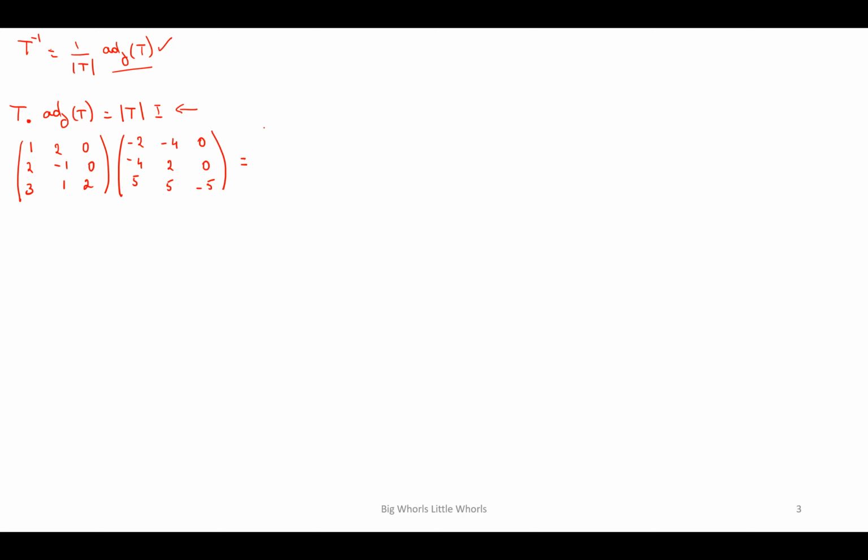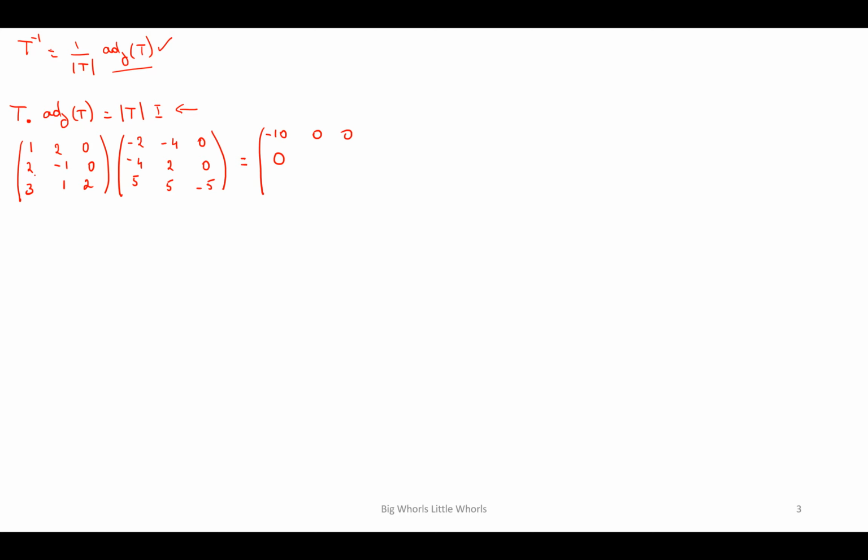Which is equal to, here we have minus 2 minus 8, which is minus 10. And here, minus 4 plus 4 is equal to 0. Here as well we have 0. In the second row we have 2 multiplied by minus 2 is minus 4, plus 4 is 0.